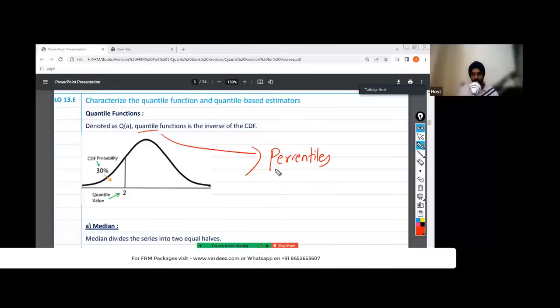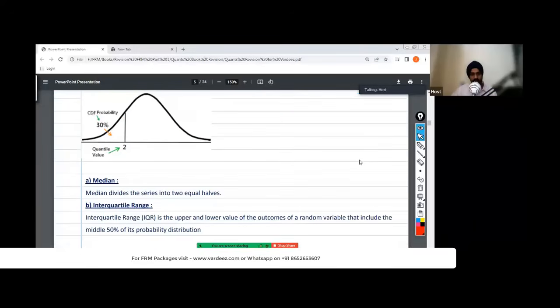Percentiles divide the distribution into 100 equal parts. Then we can also have deciles, so on and so forth. But for now, the two major interests that the curriculum has asked for are the median and the interquartile range.